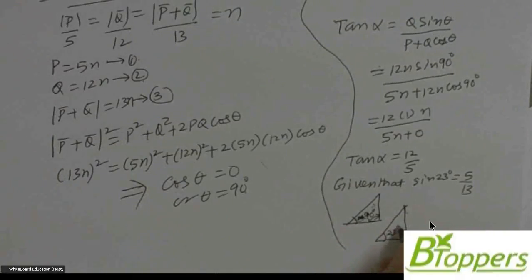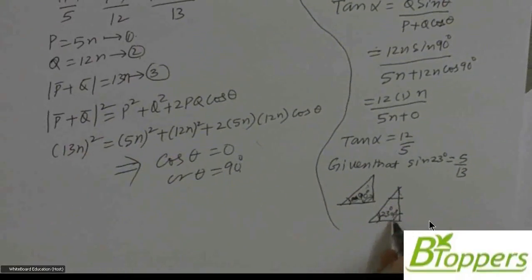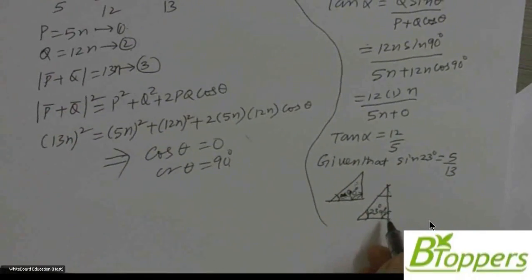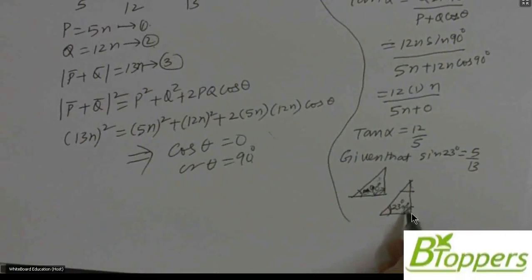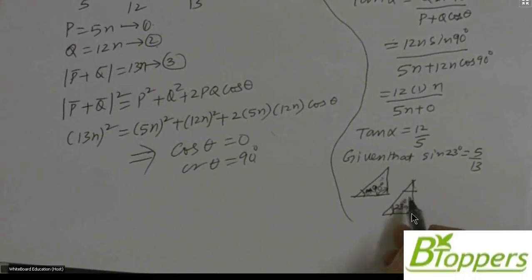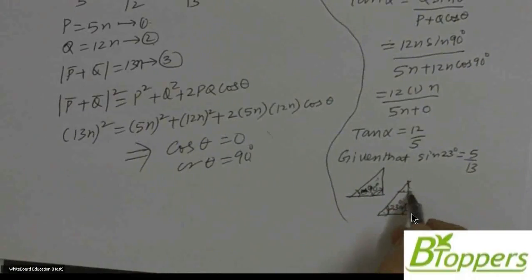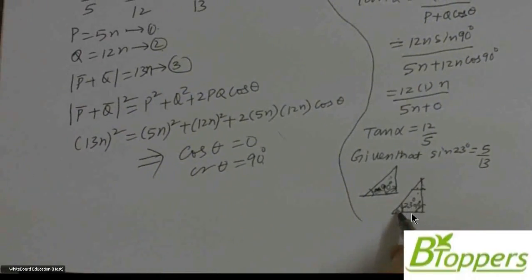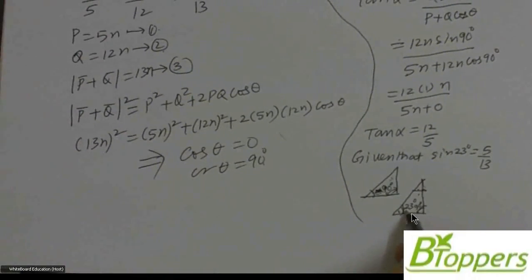This angle we take as 23 degrees. This is 90 degrees. As you must know, the sum of the angles at the three vertices of the triangle is 180 degrees. One of the angles is 90 degrees, so the sum of these two angles is 90 degrees. So this angle is 23, and this will be 67 degrees.